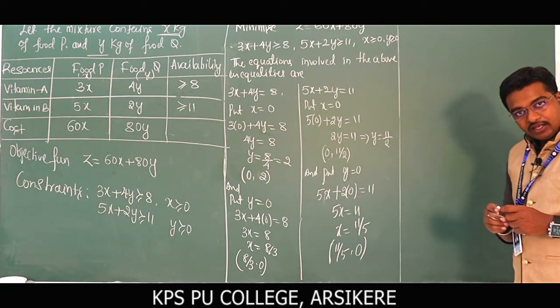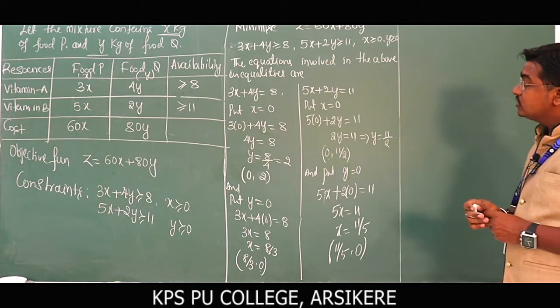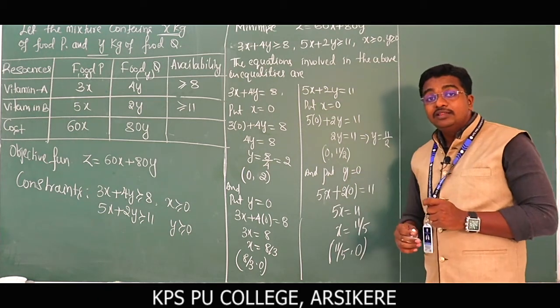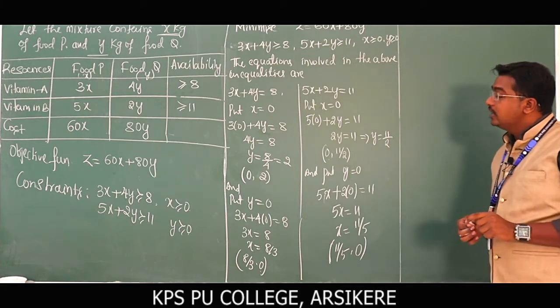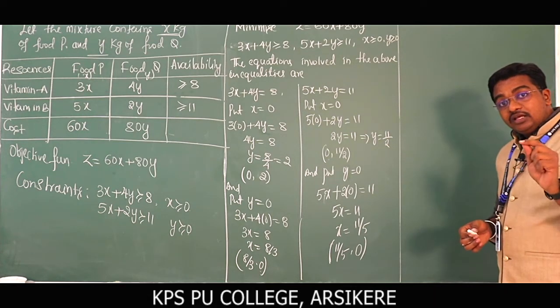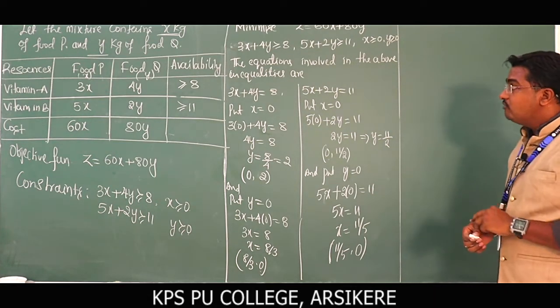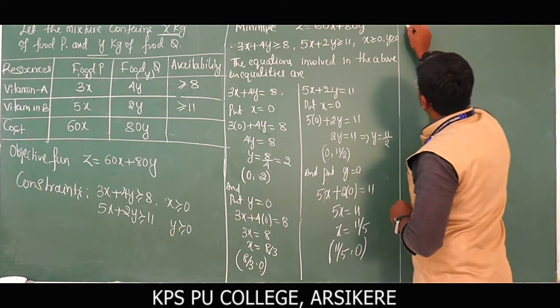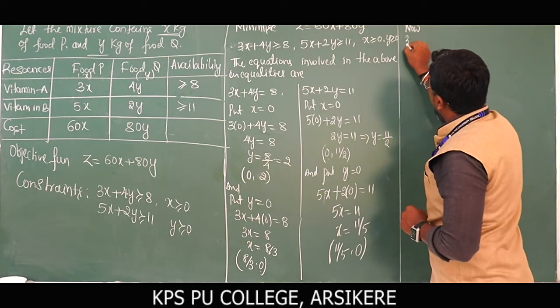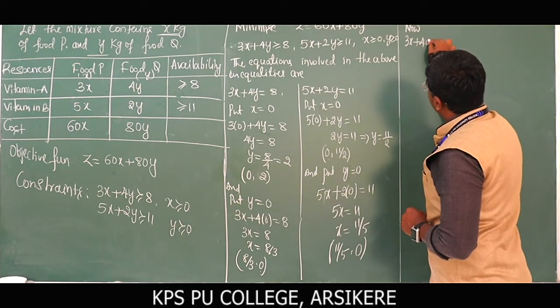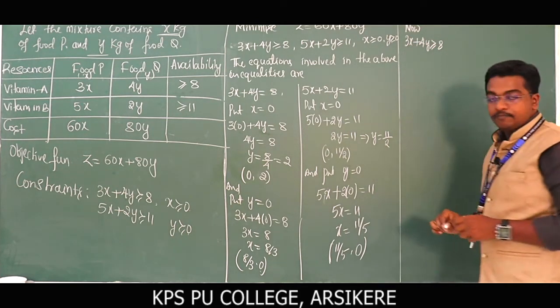So this has been clear. Next we have to check whether the solution region for the inequalities 3x plus 4y greater than or equal to 8 and 5x plus 2y greater than or equal to 11 is towards the origin or away from the origin. Now consider the inequality 3x plus 4y greater than or equal to 8.